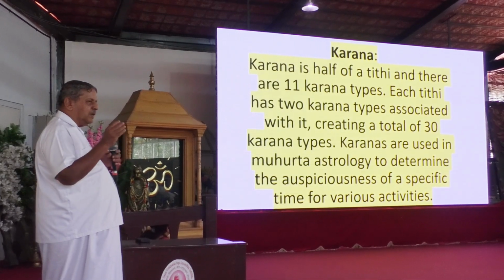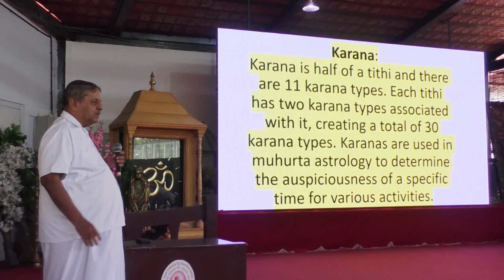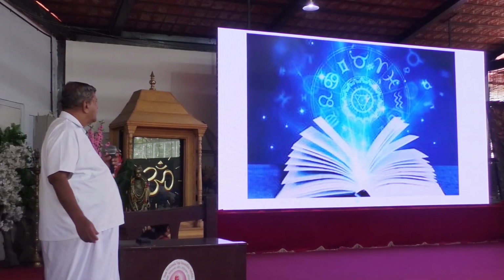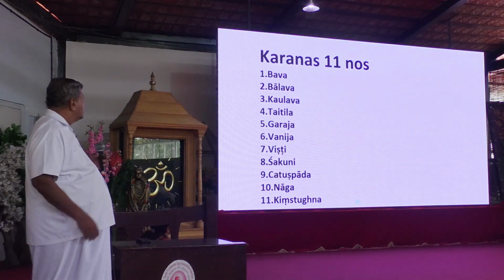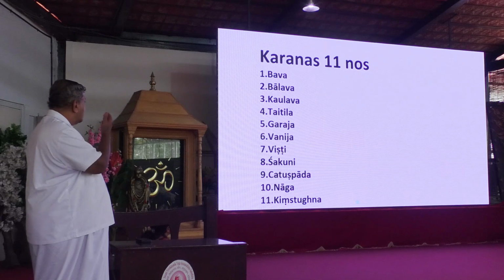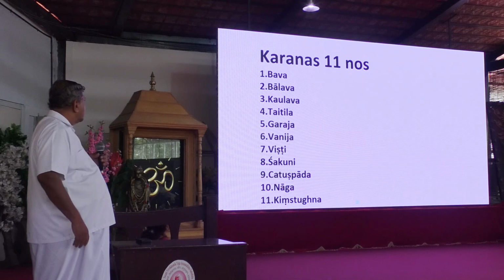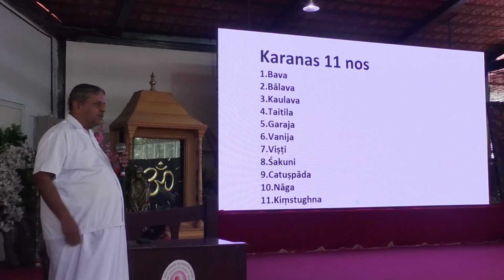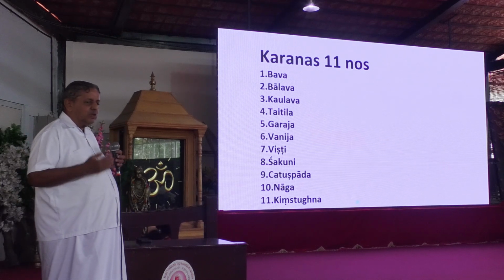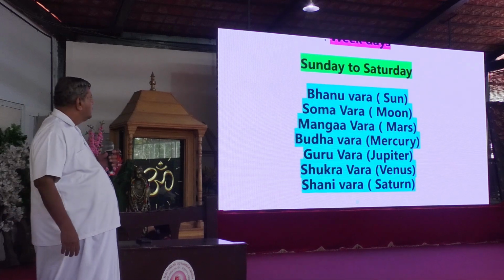In a particular day, what time is most auspicious? That is the Karana dimension. The 11 Karanas are: Bava, Balava, Kaulava, Taitila, and so on. Every day when we chant the Panchanga, you see this Karana also chanted on a daily basis.